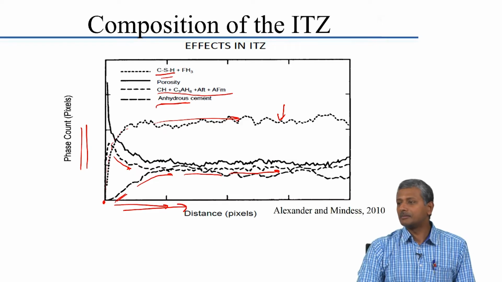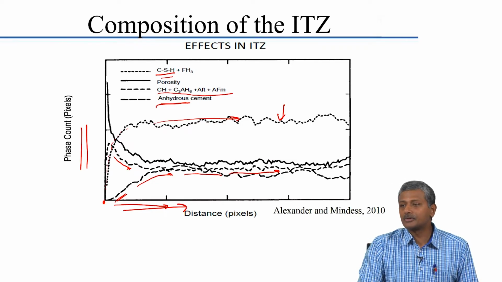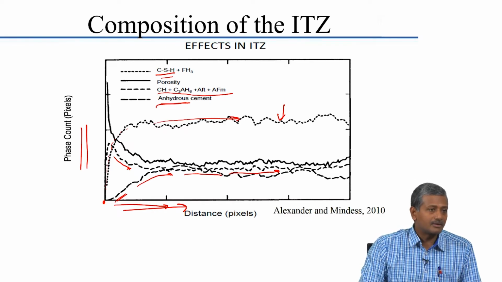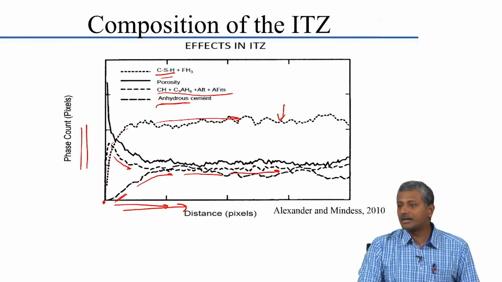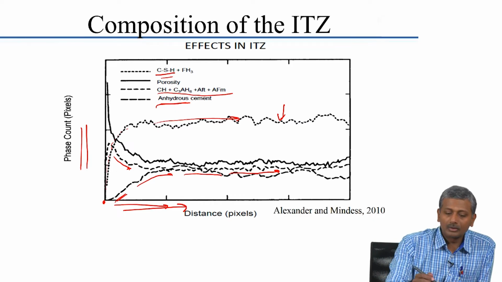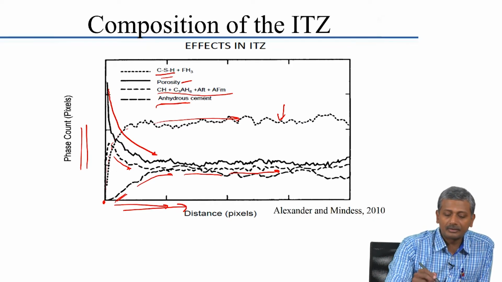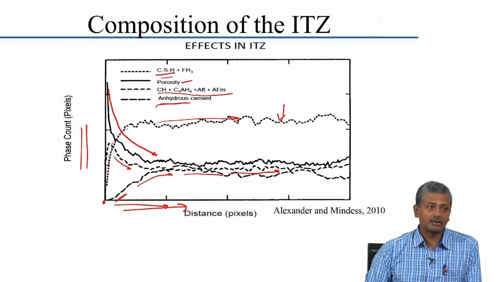Now why is the anhydrous cement low near the aggregate? Because more water is available. Exactly, because you have more water available near the aggregate, most of your cement tends to get hydrated. Okay, and because of that you have less unhydrated cement near the aggregate. Now the porosity is seen here, and you can see that there is a drastic decrease in porosity as you move away from the surface of the aggregate.